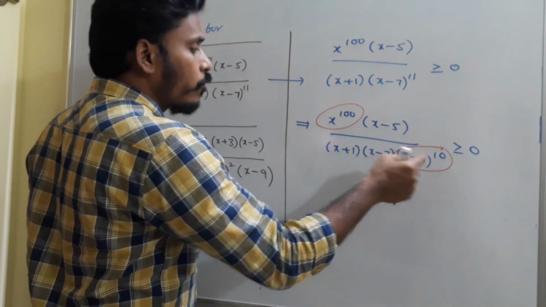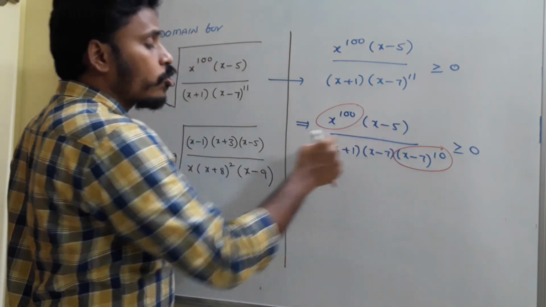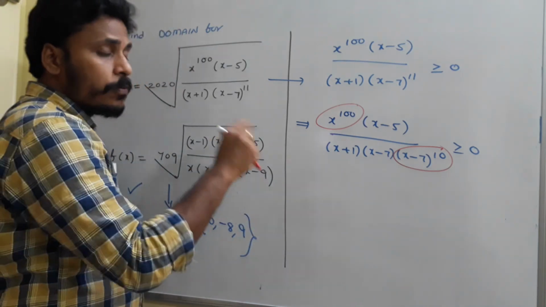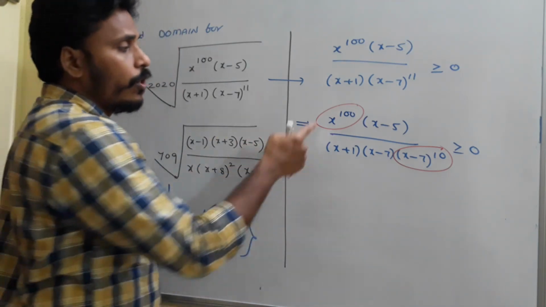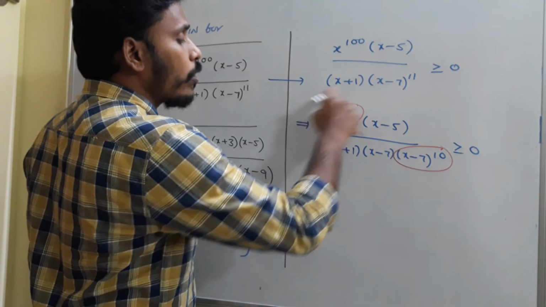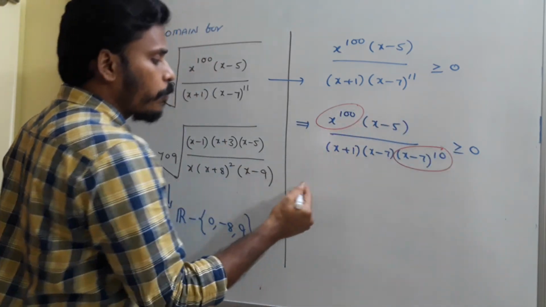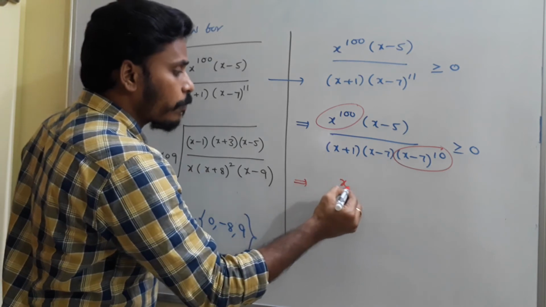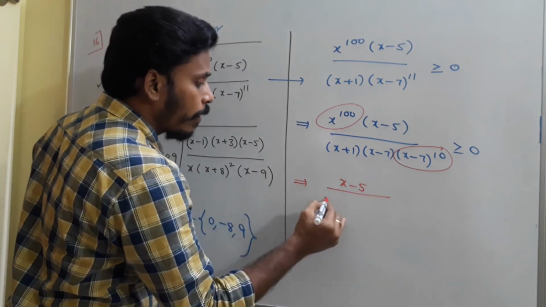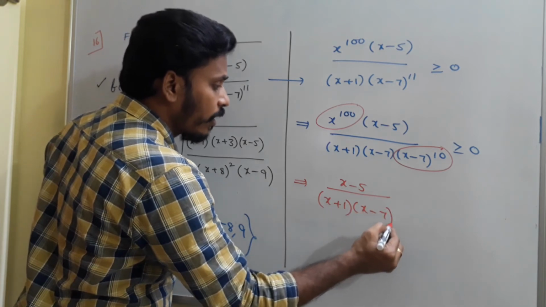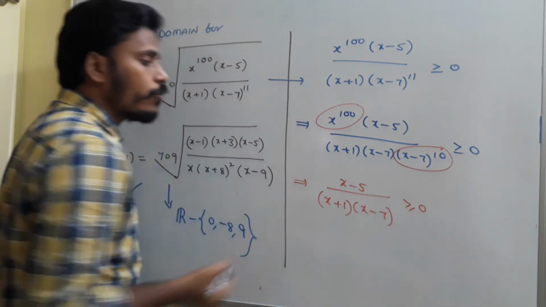Since these are positive, then the remaining expression should be positive, because the total thing is positive, right? Okay, since positive into positive is positive, and the total rational expression is positive, for sure x minus 5 divided by x plus 1 into x minus 7 is greater than or equal to 0.